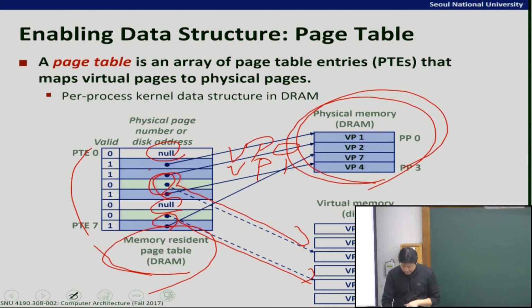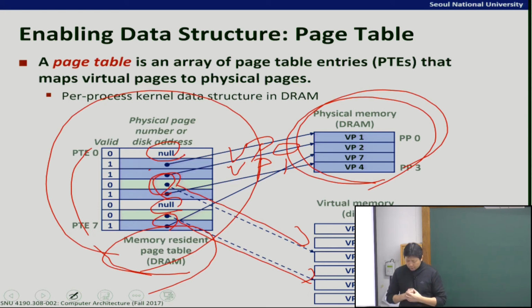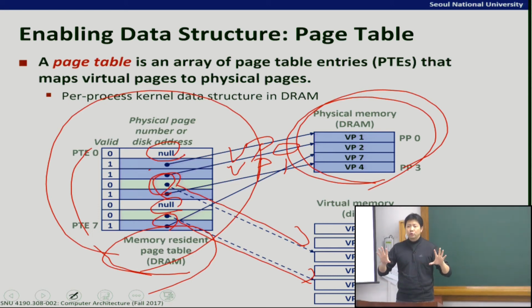And this page table is a per-process kernel data structure in DRAM. Whenever you start a new program, a new page table is created and initialized by the operating system.